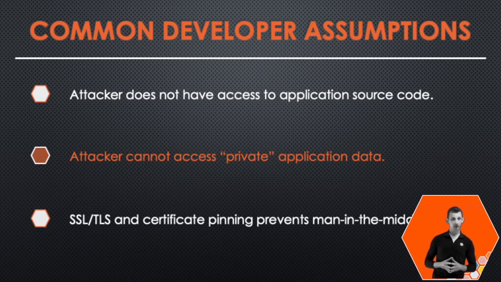Another somewhat common developer assumption is that an attacker cannot access private app data. And this relates back to the per app isolation that's provided by the Android platform level security features. And this kind of stems from a misunderstanding of the scope and nature of the protections.